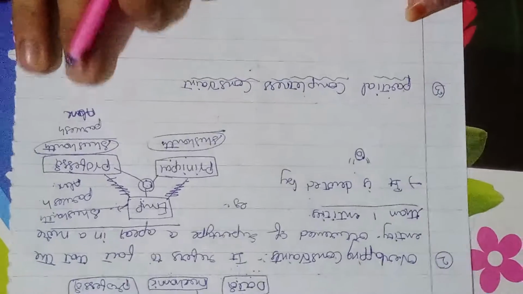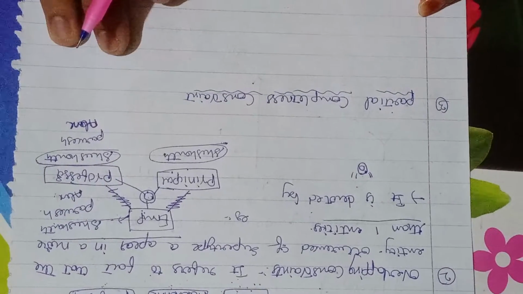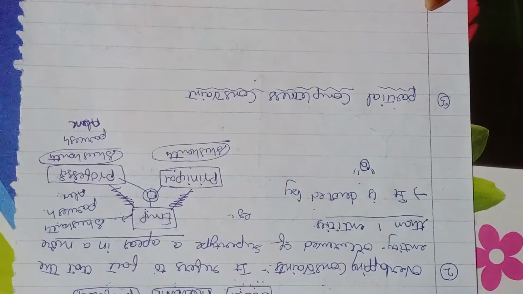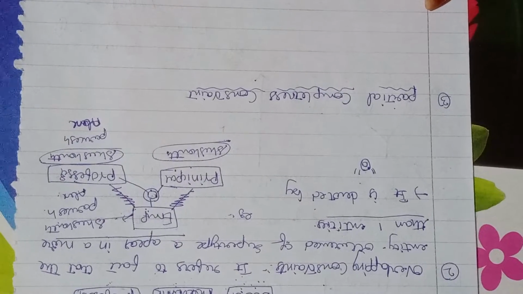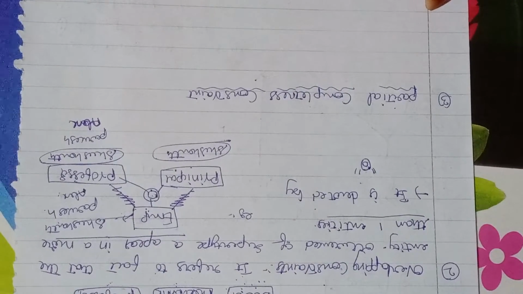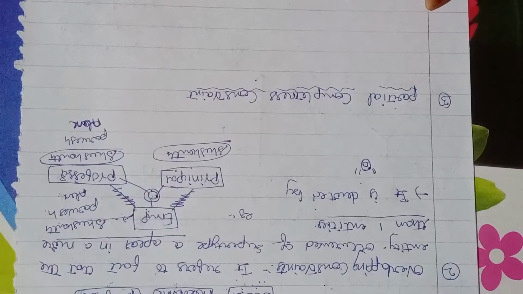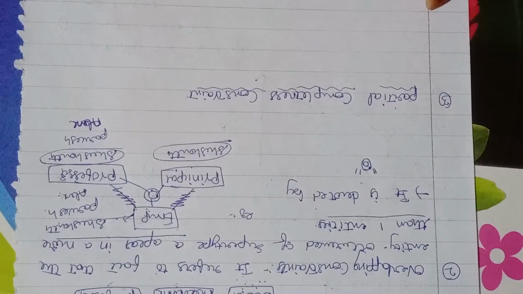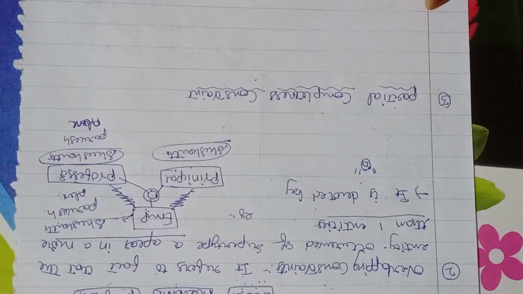Now we can see partial completeness constraint. What is partial completeness constraint? It specifies that each entity in the entity set may not participate in a relationship instance in the relationship set. That is also called optional participation.